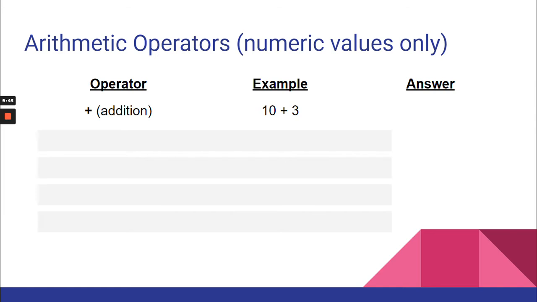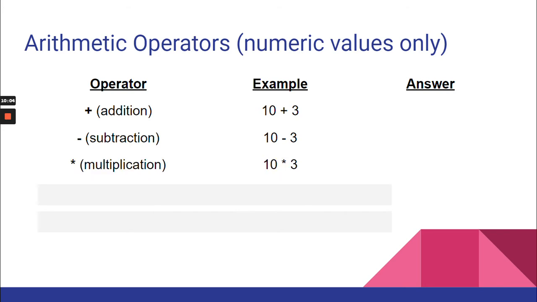Because we're doing integer arithmetic here. We're taking two integer numbers, a 10 and a 3, adding them together, and it's 13. This one should not surprise anybody. This would be 7. 10 minus 3. 10 times 3. Our multiplication operator is the asterisk. So 10 times 3 is 30.